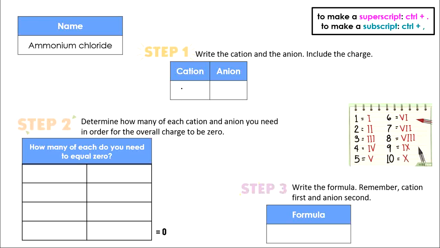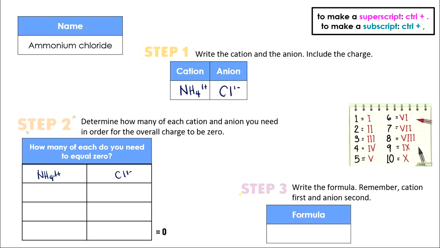So the cation ammonium is NH4 plus 1, and the anion is chloride, and we know that one, chlorine Cl, charge of -1. So step 2, how many of each do we need to equal 0? So let's write our cation and anion again.